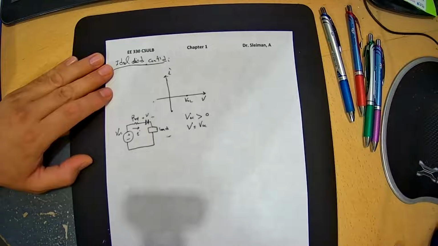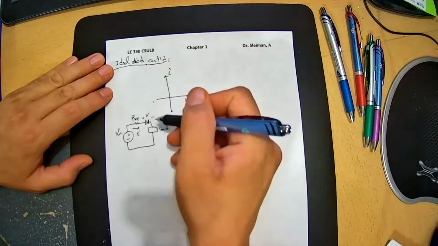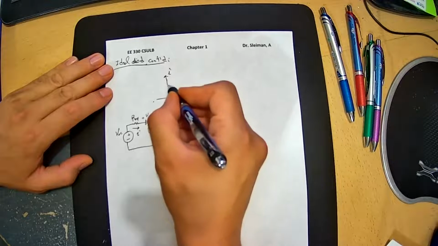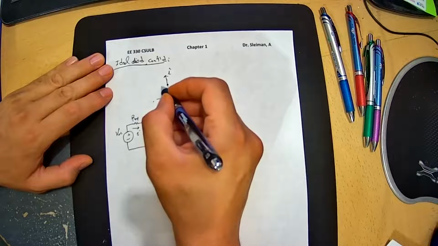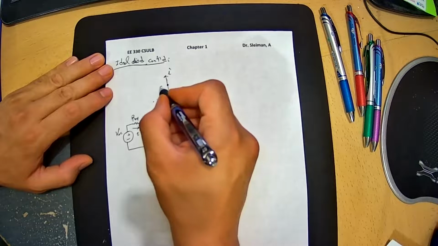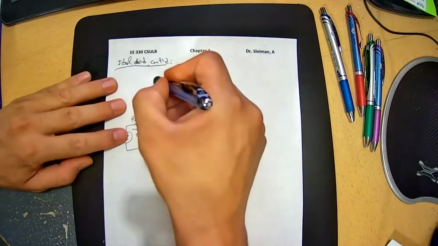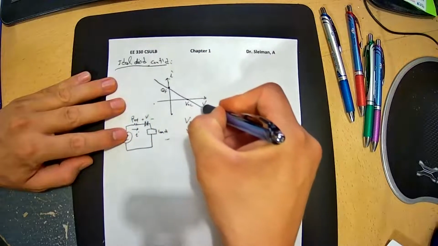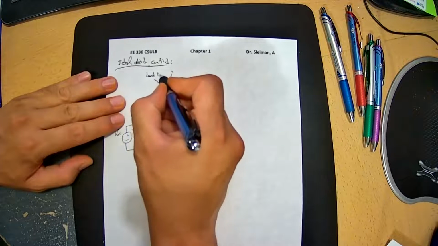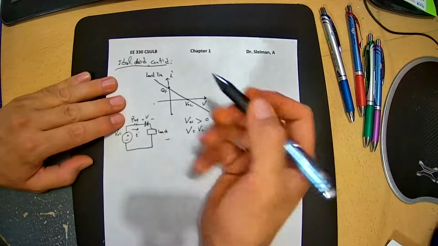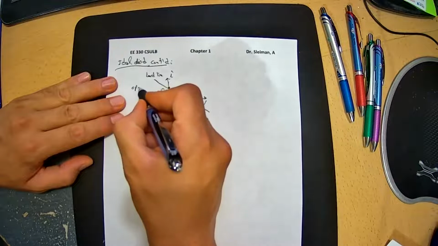So going back to the operating point in the forward bias, let's say I name it QF. Between this voltage, this is the load line for the diode, and this is the operating point.